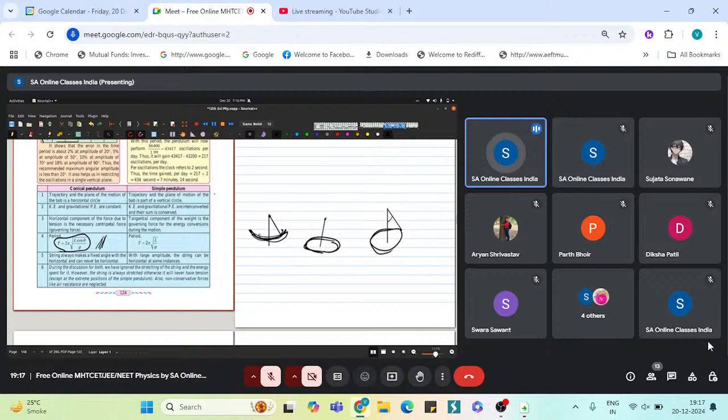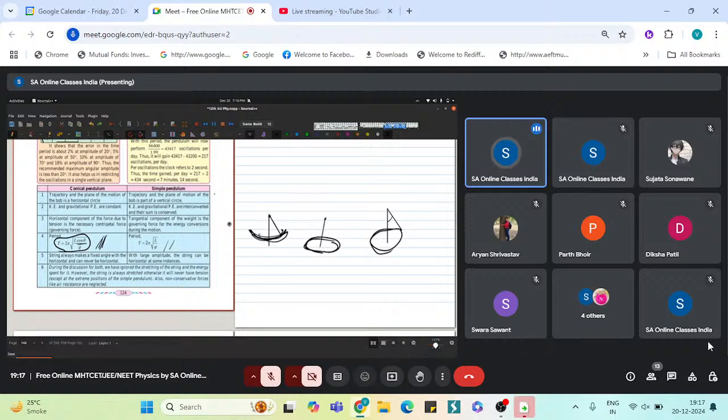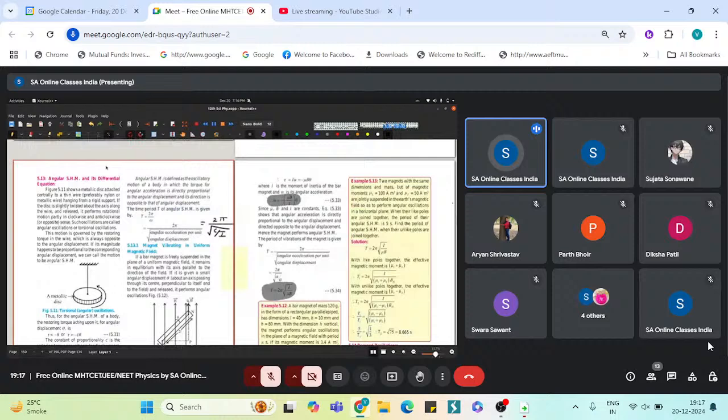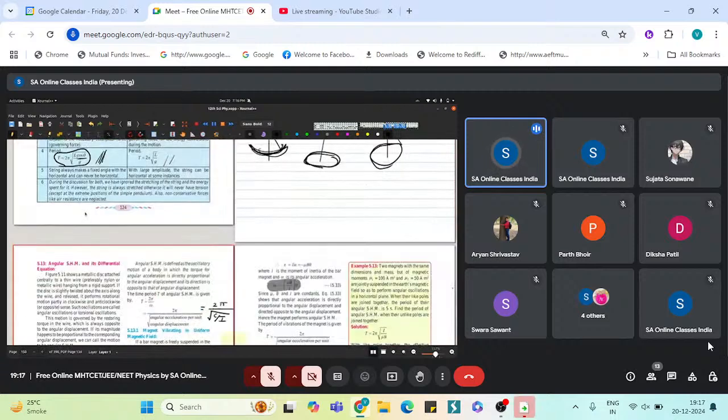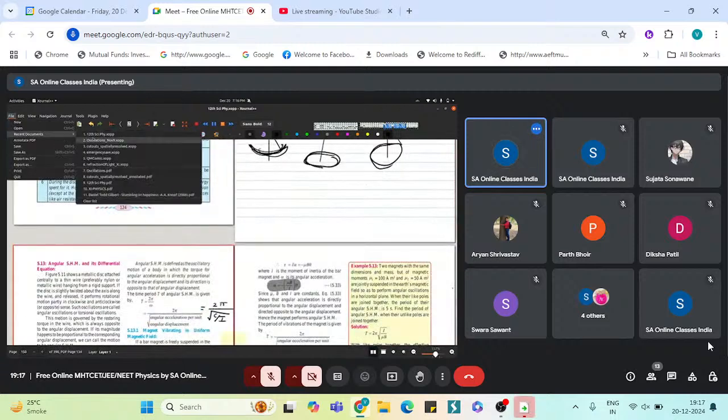So you can just remember that the time period is 2 pi root of L cos theta over g. The cos theta term is new here in addition to the simple pendulum formula. And with that I think we can go to the question part, and then we'll come to angular SHM in a while after we solve the questions.